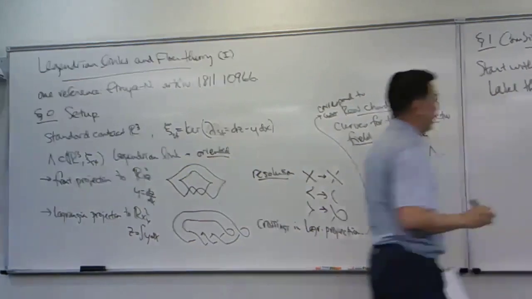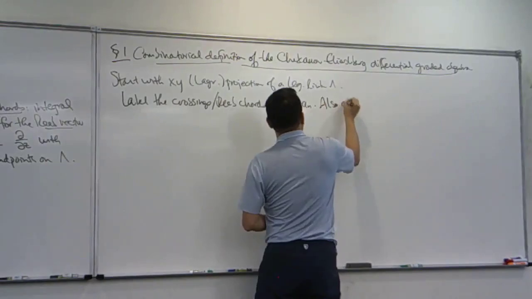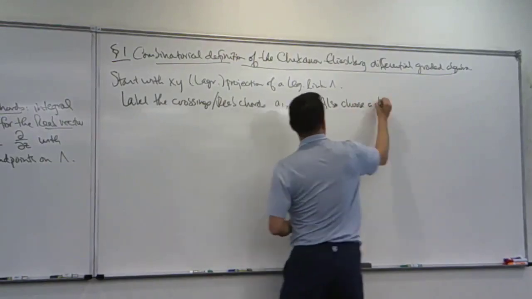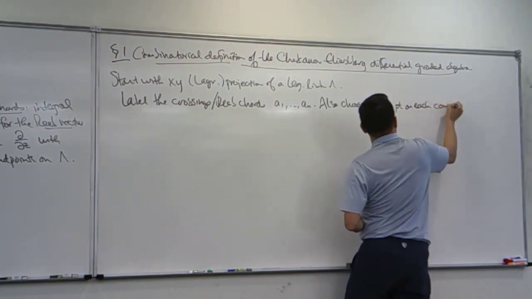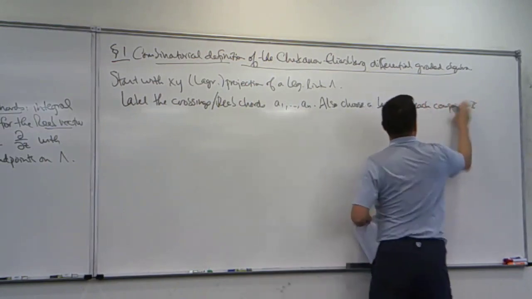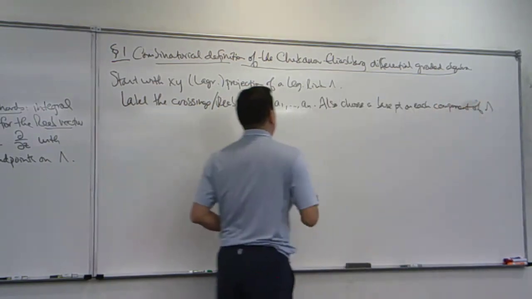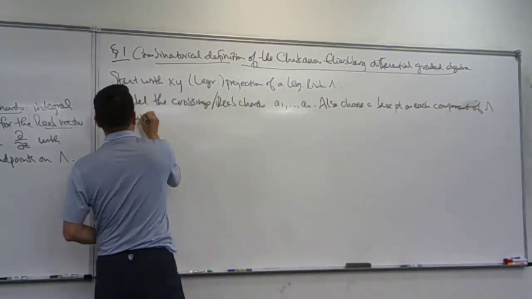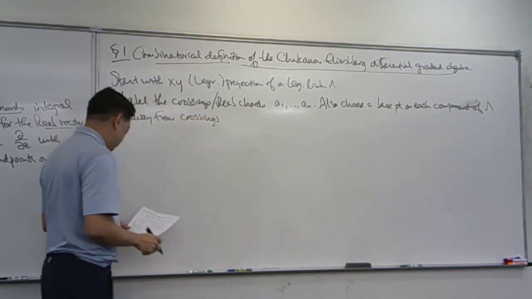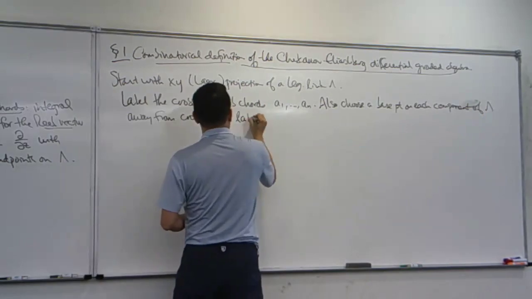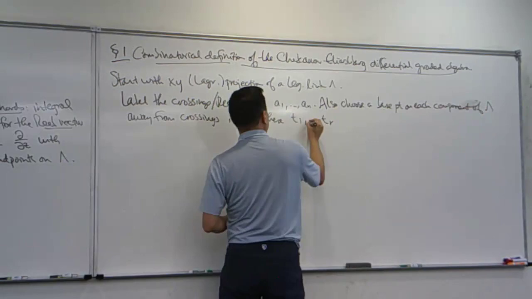I'll call them A1 through An if there are n of them. I'm also going to choose a base point on each component, away from the crossings, and I'll label these T1 through Tr, where r is the number of components.